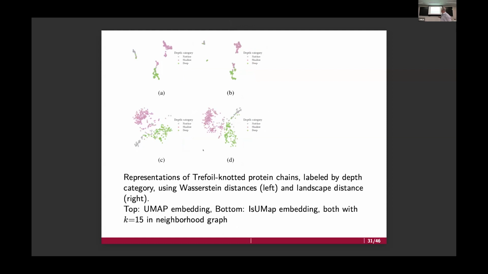Here's another way of representing them, and maybe here what I just said comes out more closely. Before that, we had just the different protein classes. Now we have the degree of knottedness, to the extent that the biology classifies them as deeply or highly knotted ones as opposed to shallow ones.